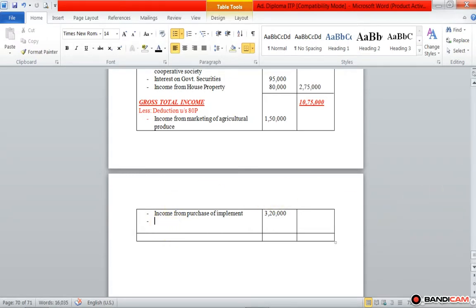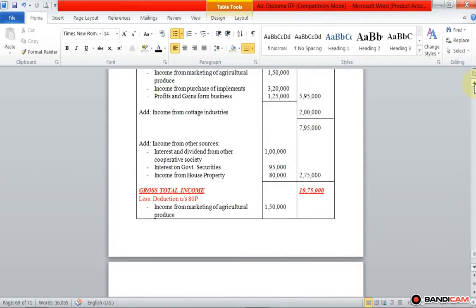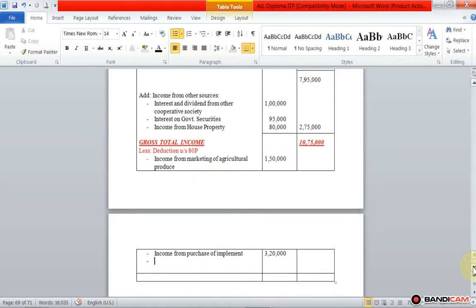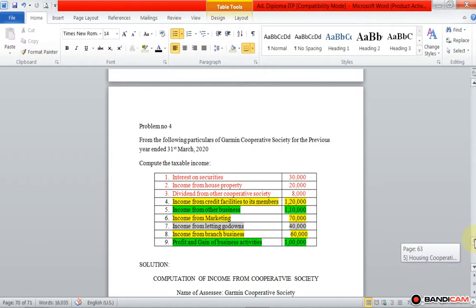Then the next income which is allowed for deduction is given here, that is profits and gain from business activities. It is income from other business activities. So under section 80P the allowable deduction is only rupees 50,000, or a maximum of rupees 50,000 is allowed for deduction. We already discussed section 80P; again we revise here.